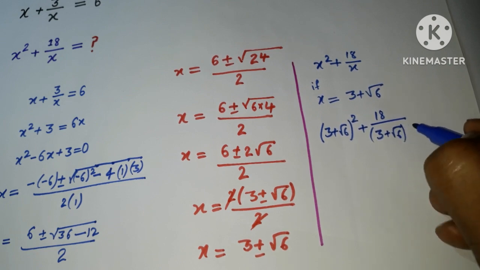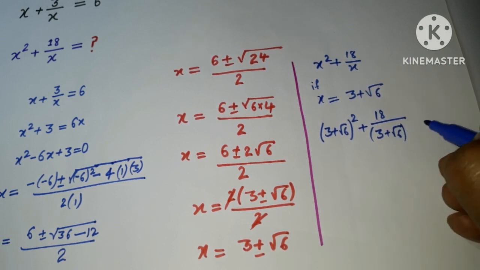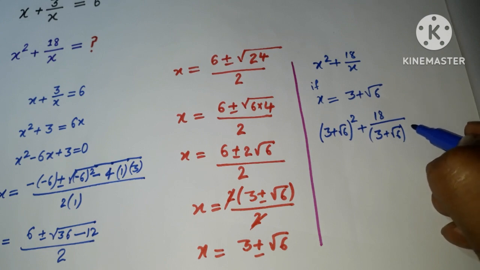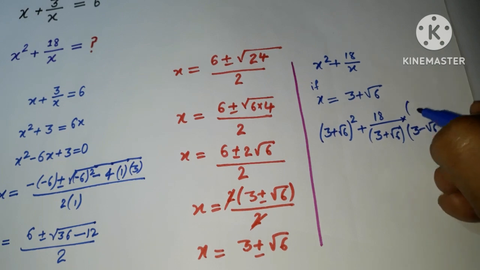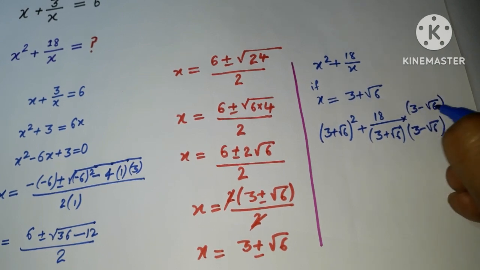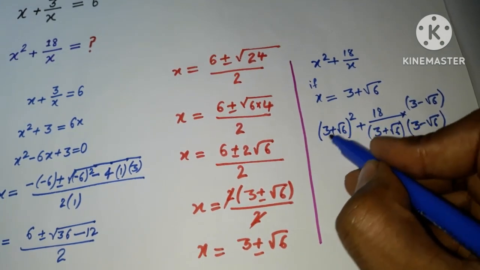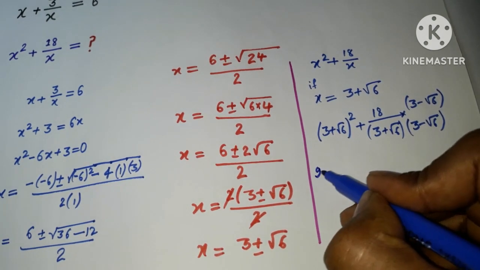So I'm just going to multiply with 3 minus root under 6, because it is irrational. I need to convert it to a rational number by multiplying with its conjugate. So I'm just going to rationalize it. It is 3 minus root under 6.